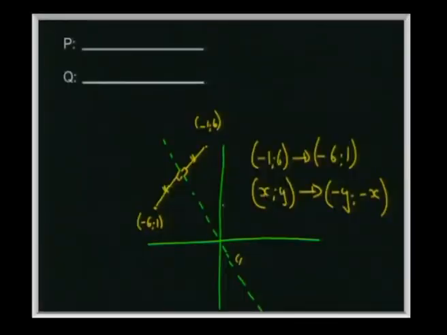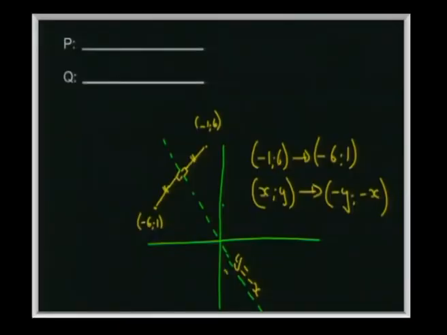The equation of this line is y is equal to minus x. So whatever was y becomes minus x. And if I change the subject of the formula, I get that x is equal to minus y. So whatever was x becomes minus y. It's quite easy when you think of it that way.